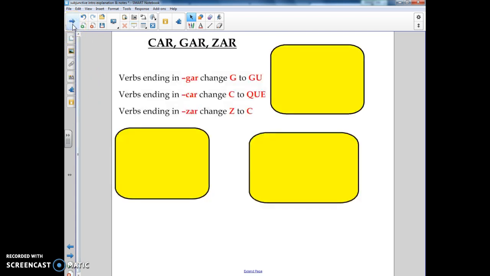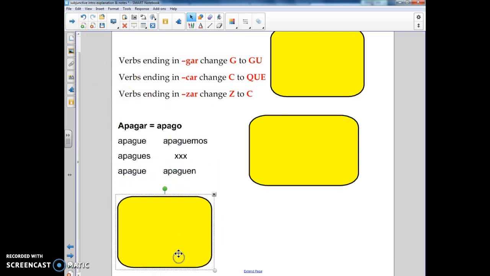Okay, the other sort of irregularity is with car-gar-zar verbs. Okay, so your car-gar-zar rules are still going to apply here. So let's just take a look at an example. If you had apagar, we'd go to the yo form, which is apago, but then we have to use opposite endings. Okay, so if I have an AR verb here, I would be using an E ending.